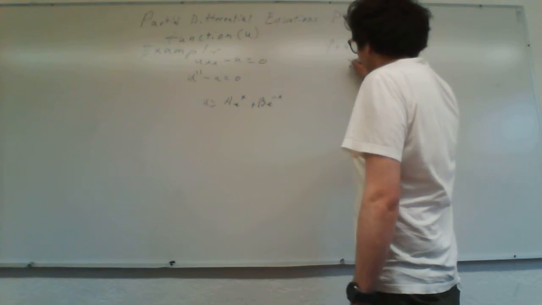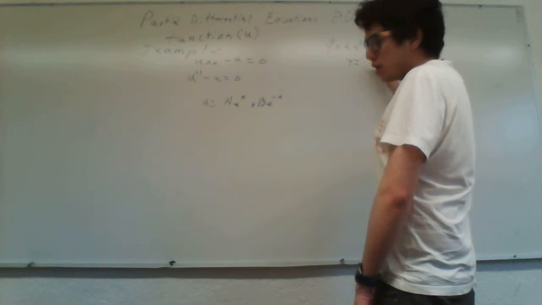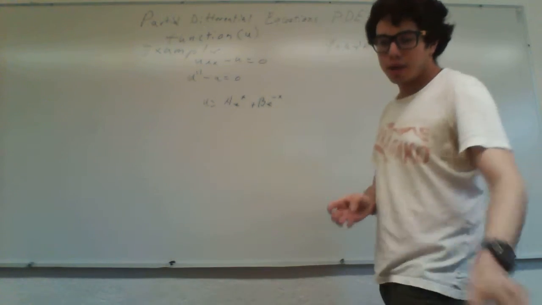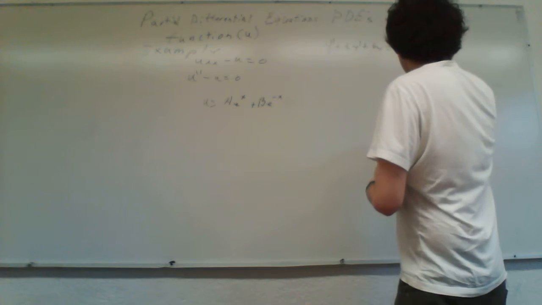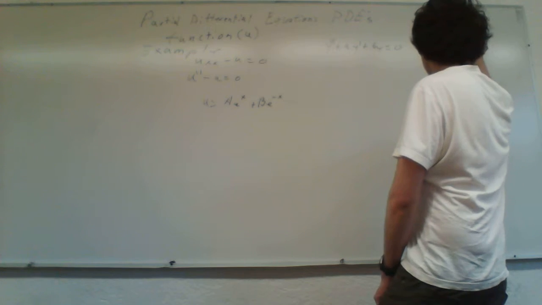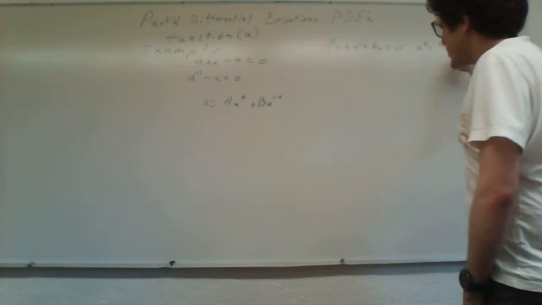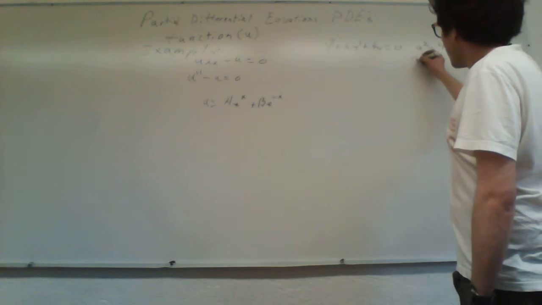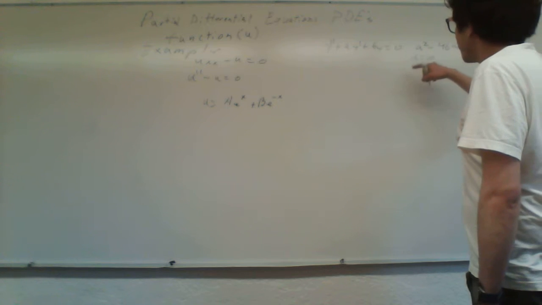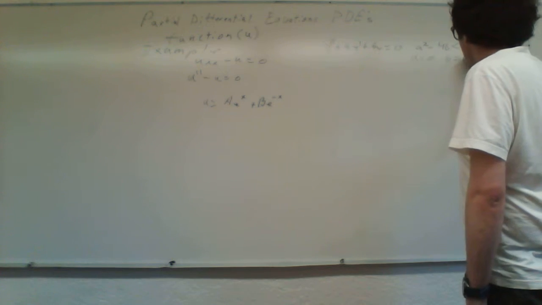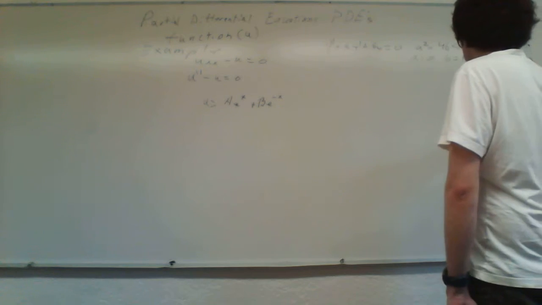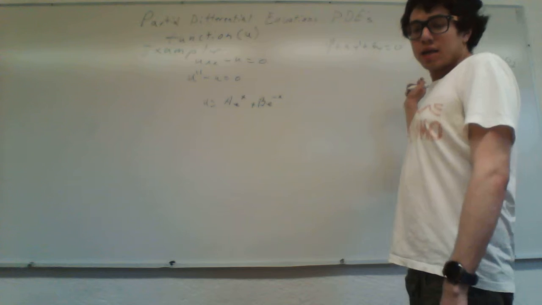In this case we find the solution because a squared minus 4b is less than 0, because a is equal to 0 and b is equal to 1. So minus 4 is less than 0.